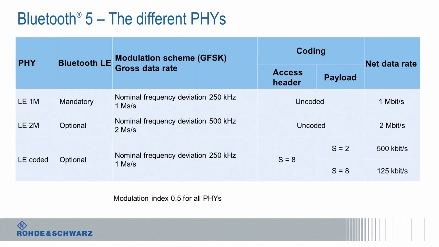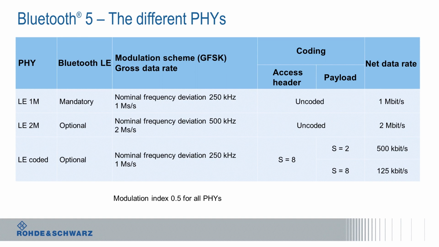Firstly, we're going to discuss the physical layer improvements or changes that have been made. Here we have the 1 megasymbol per second, which is the legacy mandatory rate with a frequency deviation of 250 kilohertz. We then have the optional 2 megasymbol per second rate, which increases the frequency deviation to 500 kilohertz.